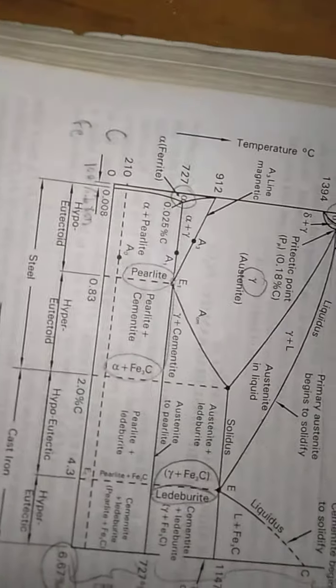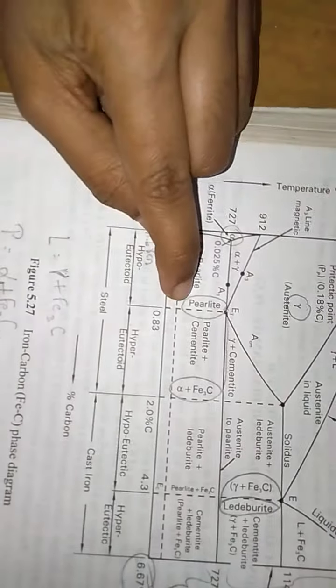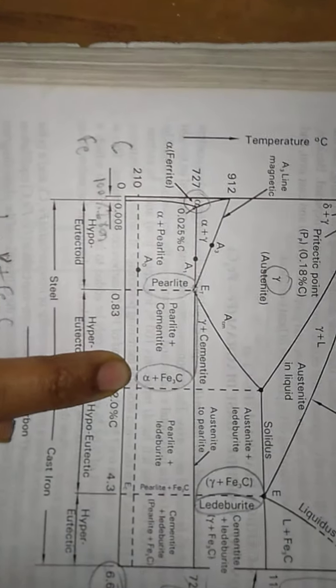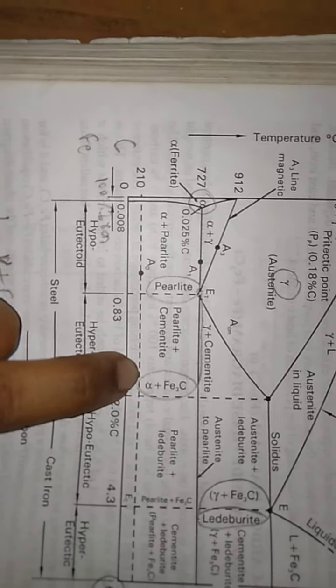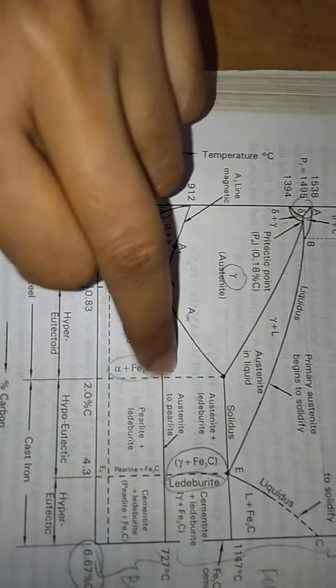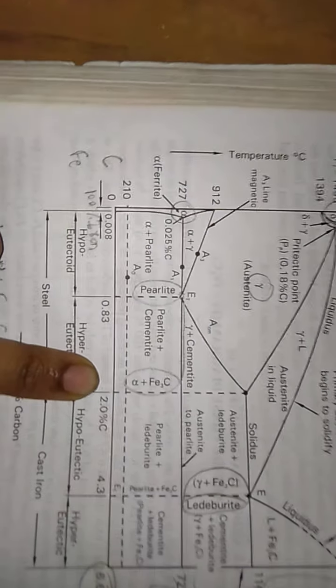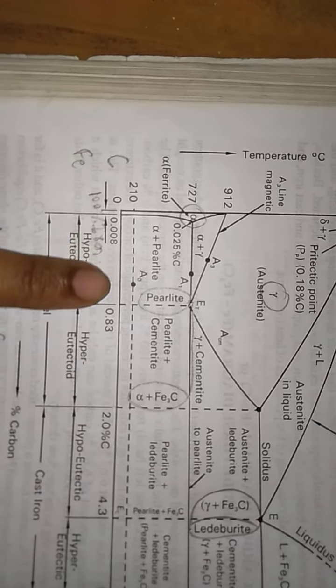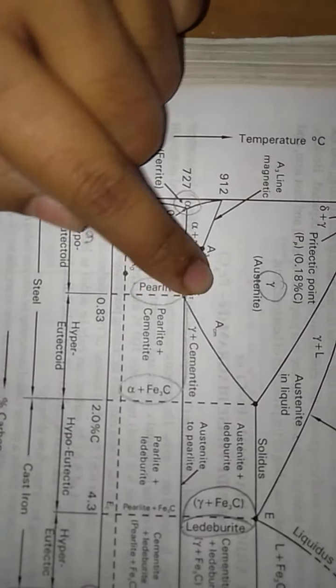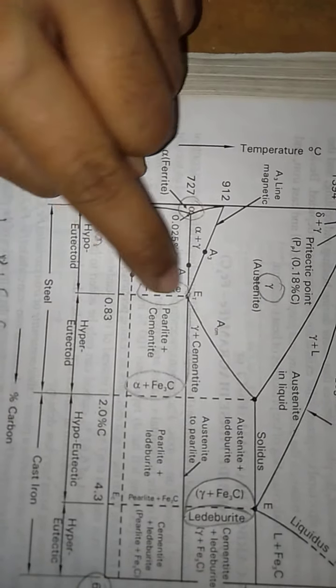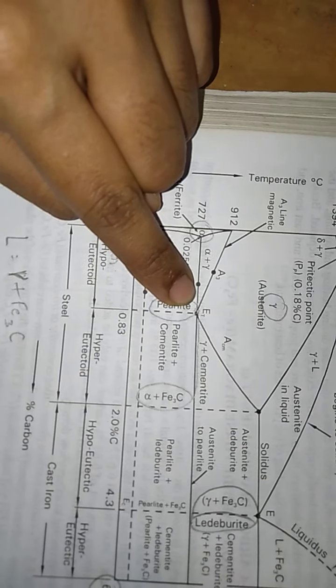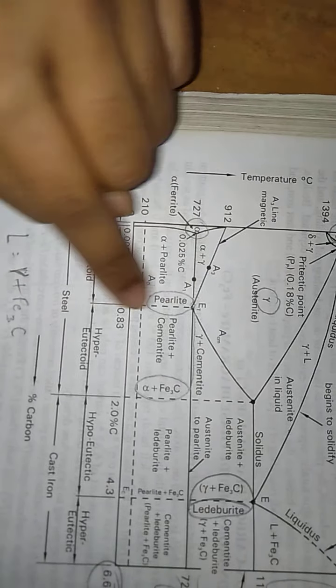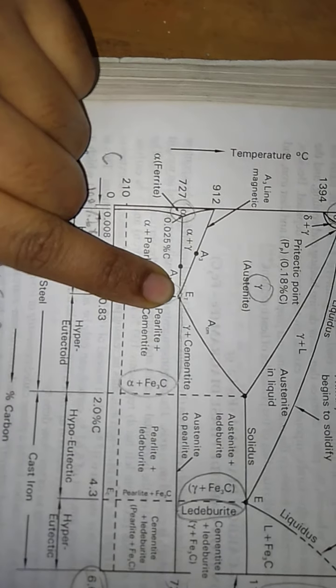Fe3C. Next, the last phase is pearlite, which is a combination of alpha ferrite, alpha iron, and Fe3C again. It is below 727 degrees Celsius, and it is observed at a carbon percentage of 0.83%. This dotted line represents the carbon percentage pertaining to that particular phase.